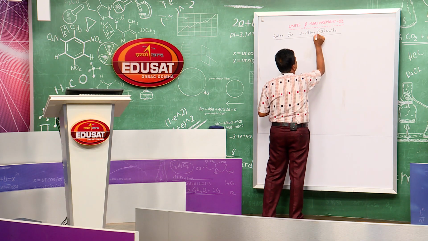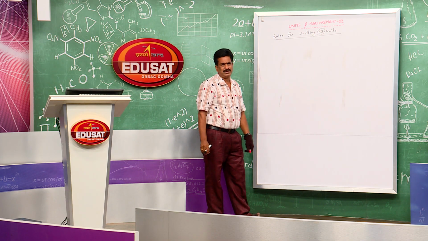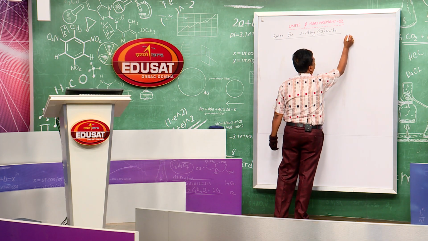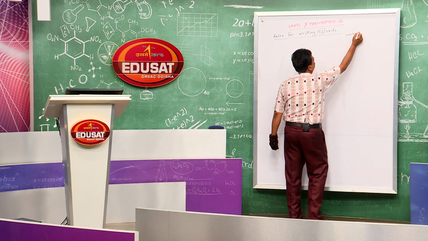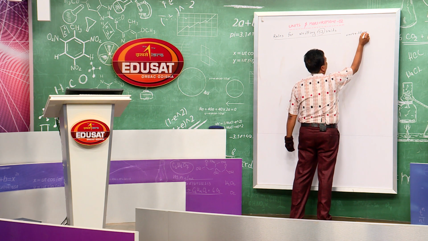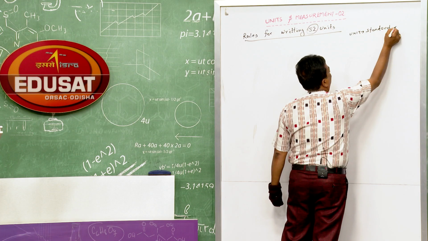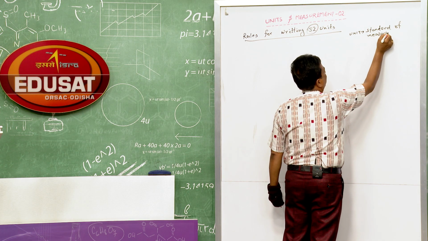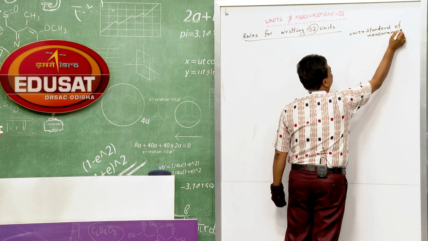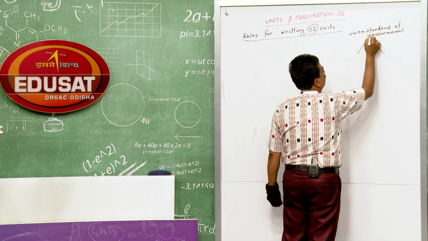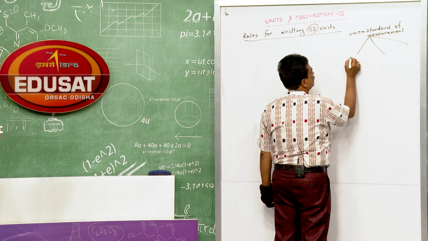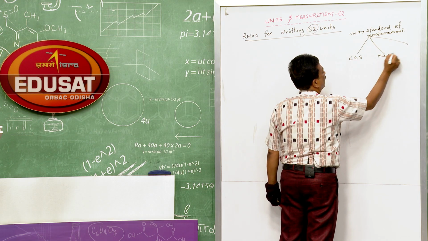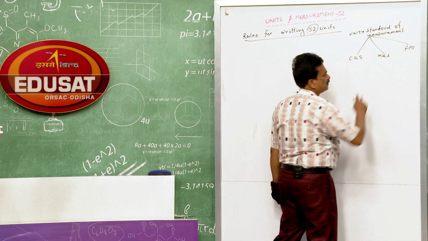So, here the question is SI units, which we discussed in the last class. A unit is a standard of measurement, which is broadly of three systems: CGS, MKS and FPS.